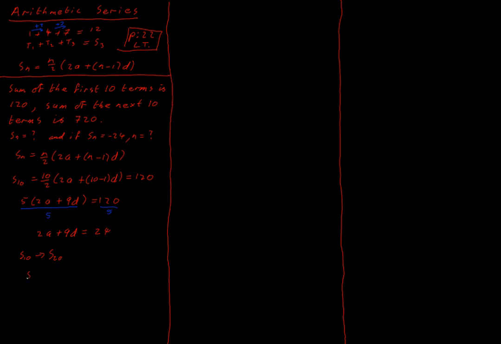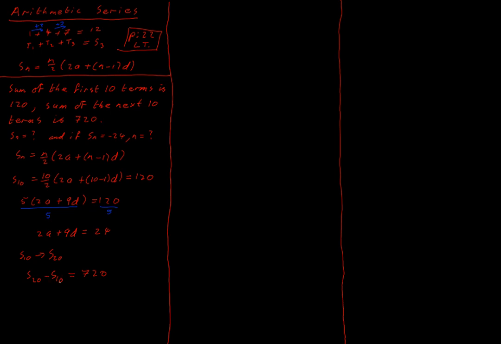So the sum of 20 minus the sum of the first 10 is the information I'm actually given. That's 720. Going from the first 10 terms up to the next 10 terms is 720. That's the information I'm given in the question. But can I make that into an equation I can easily work with?